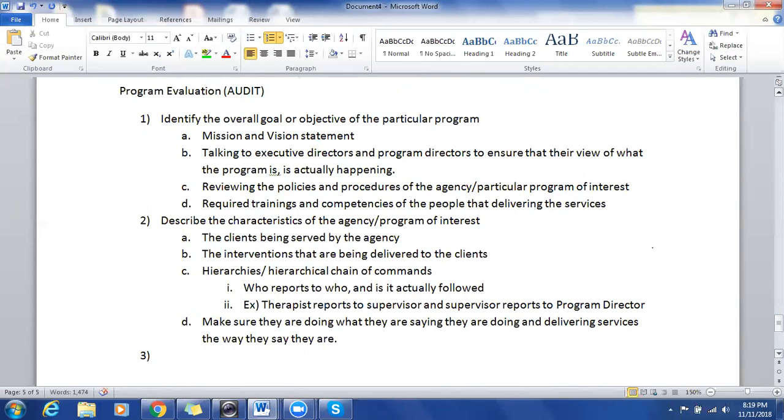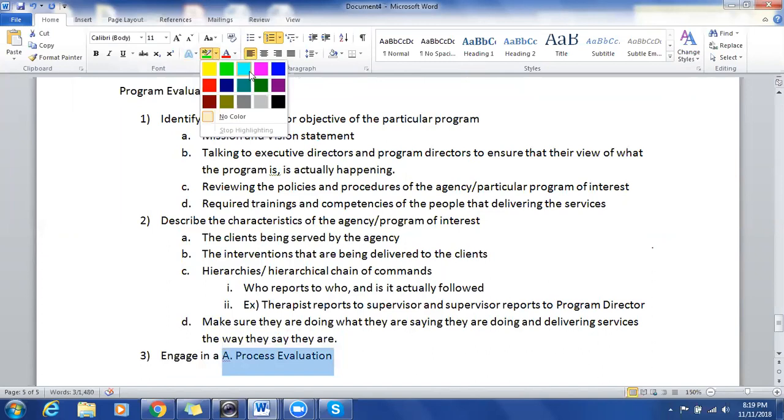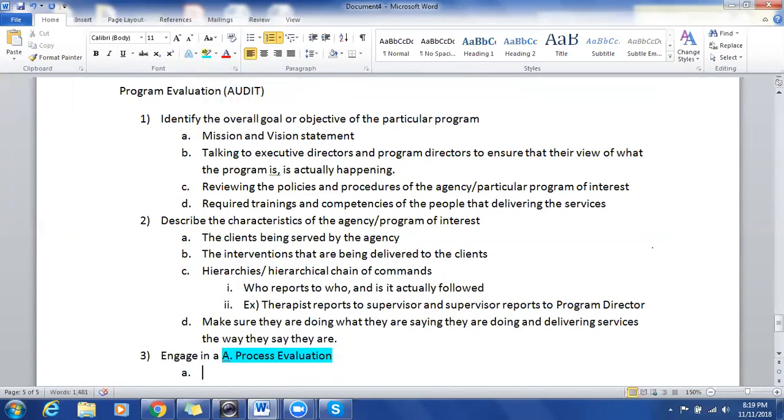So then we get into the third, and this is where we engage in a process evaluation. And I will put an A next to it, because this is the first type of evaluation that we'll be going over that is particular to itself.